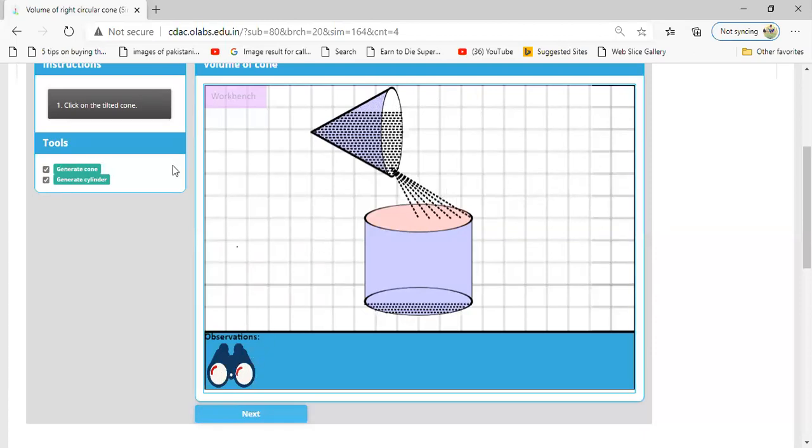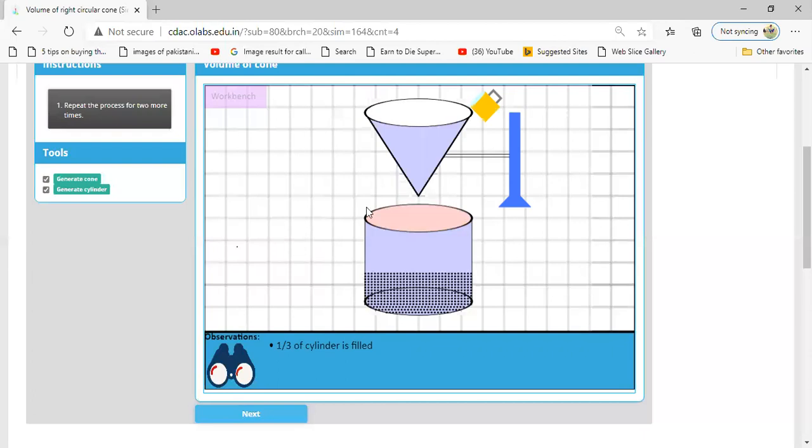Yes, now. First, we have to tilt the cone and then click on it. Then again fill the sand in the cone.